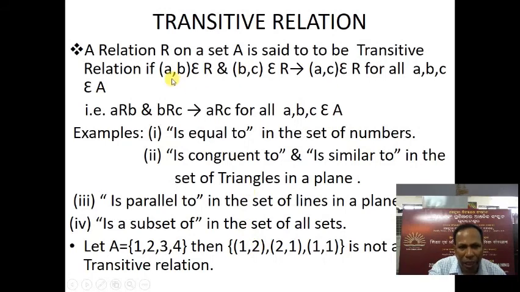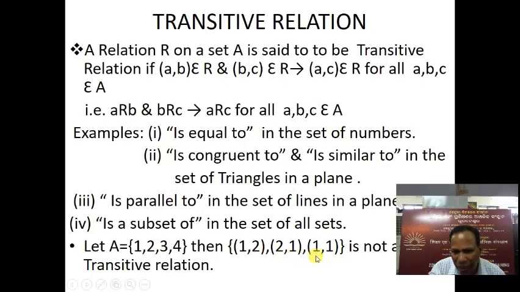As you know, a related to b and b related to c should imply that a related to c. Here we find 1 is related to 2 and 2 is related to 1. Now 1 is related to 1 is very much present here. So it seems to be transitive, but actually it is not transitive.